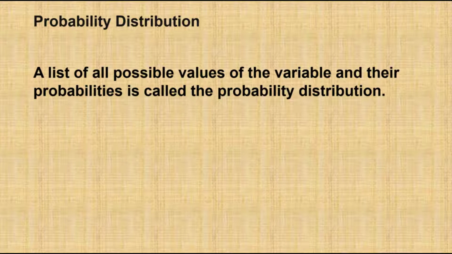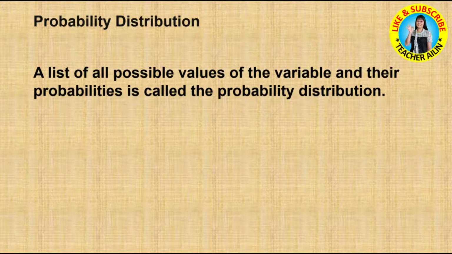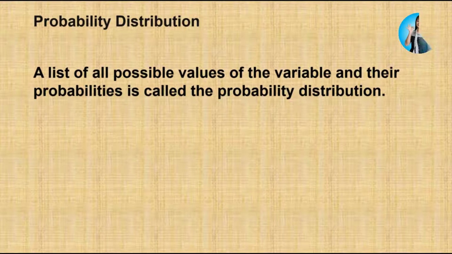Since random variables can be categorized into discrete and continuous random variables, probability distribution can also be categorized into discrete probability distribution and continuous probability distribution. In this video, I'm going to discuss the discrete probability distribution. The continuous probability distribution will be discussed in the next video.